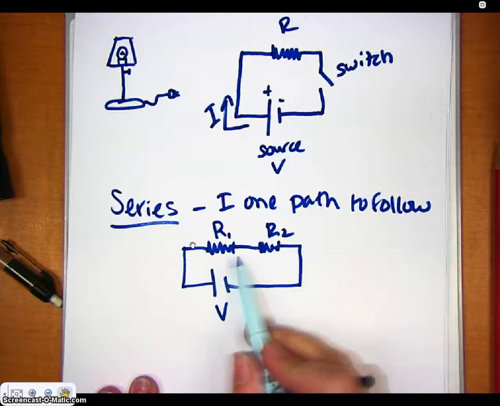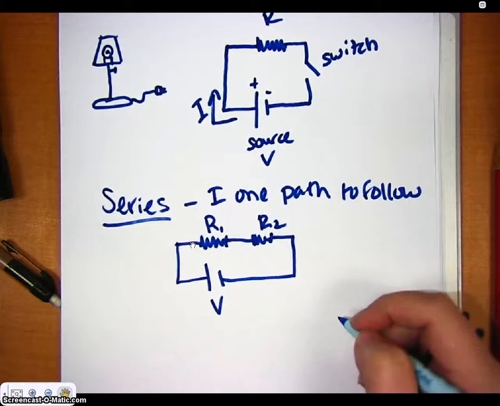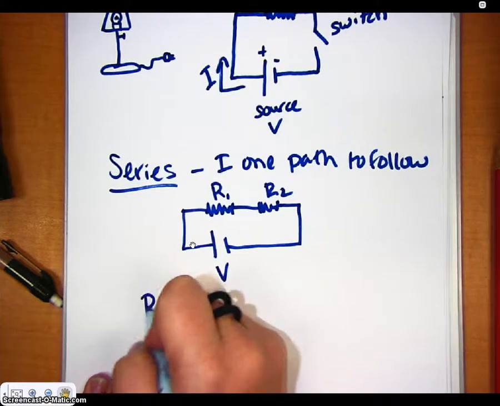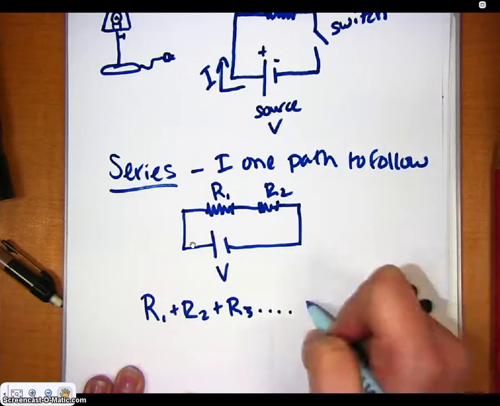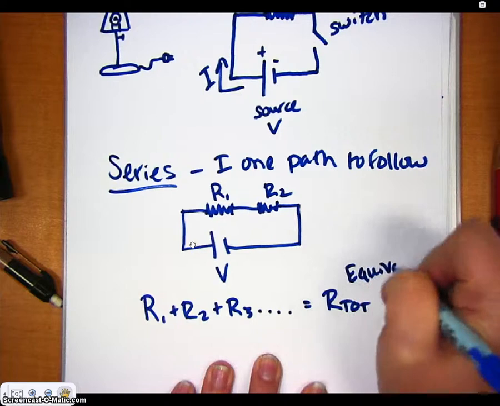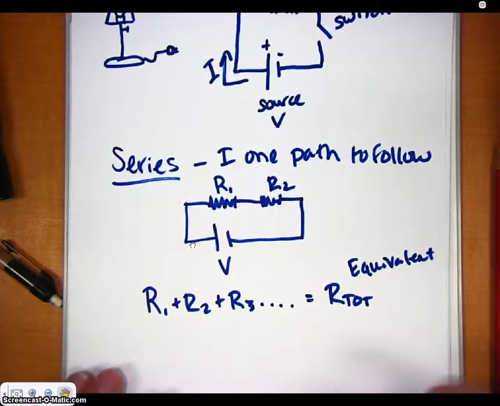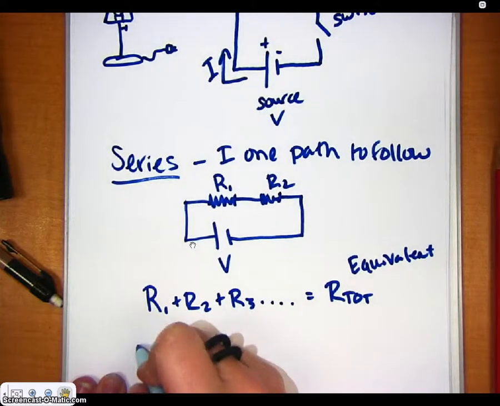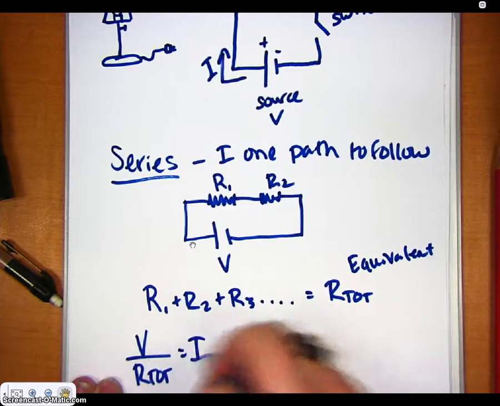When the resistors are in series, the total resistance is the sum of all the resistors: R1 plus R2 plus R3, however many you have, gives you the total, also called equivalent resistance. Then to calculate the current, V equals IR, so the voltage over R total gives you the total current.